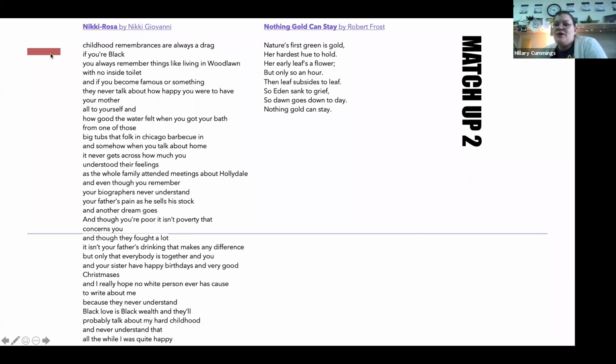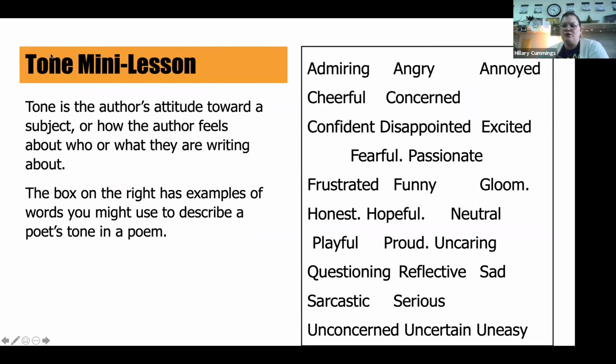So it's saying nothing gold, nothing that is short-lived like this and so beautiful and so precious can stay forever. And there's a meaning behind that, right? Because it makes us treasure it all the more. So what is the author's tone about springtime and about the short-lived nature of springtime? We have these tone words that I want for you to look at and think, do any of these fit for any of the two poems?